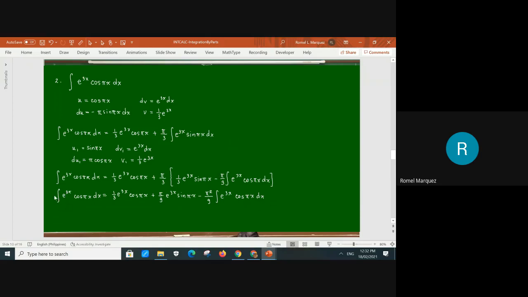What is the coefficient on the left side? 1. When transposed, the coefficient of this integral on the left side is positive pi squared over 9. So 1 plus pi squared over 9.